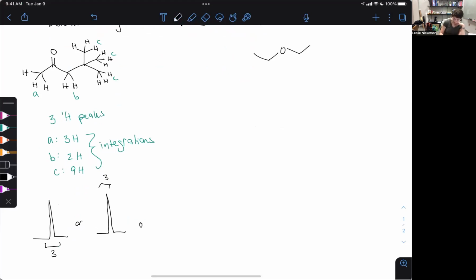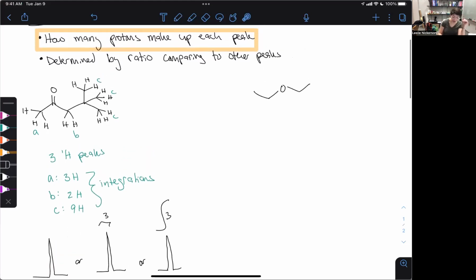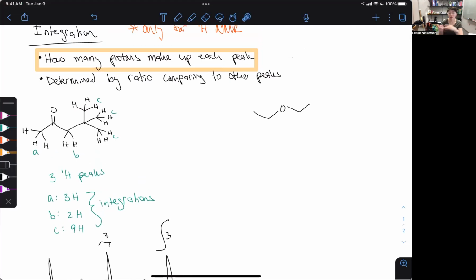You might see a weird little integral sign and a 3. So there are a couple of different places you're going to want to look for those integration values. Most of the time they're going to be down below, but it kind of depends. As you get used to looking at NMRs, you'll be able to pick up where they are a little bit easier.